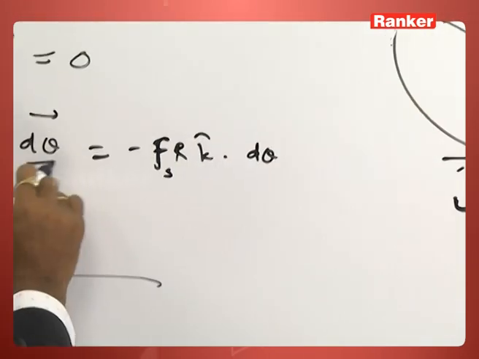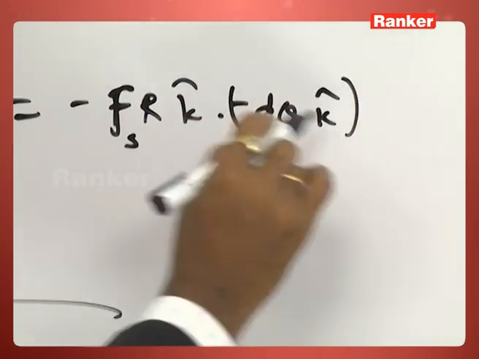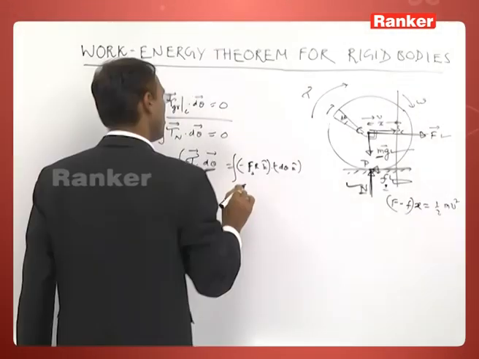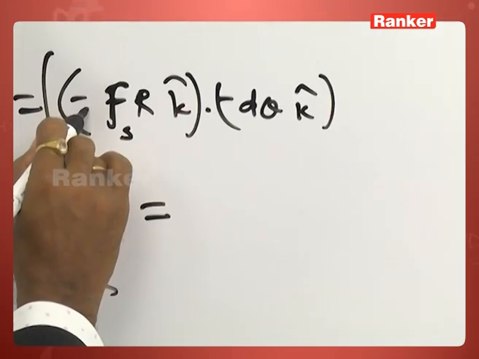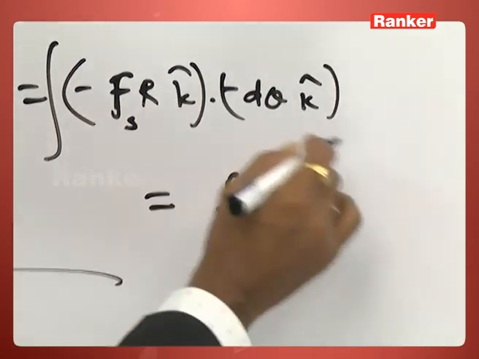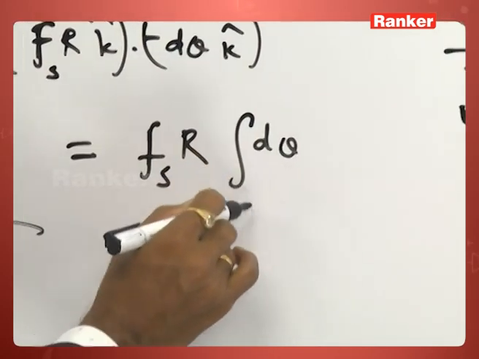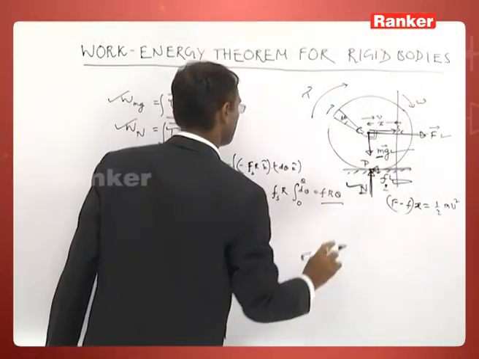So we can write d theta vector as minus d theta kf. Kf dot kf is 1. So minus into minus gives plus, and we can write Fs, take it out of the integral, d theta from 0 to theta, where theta is the angle of rotation.